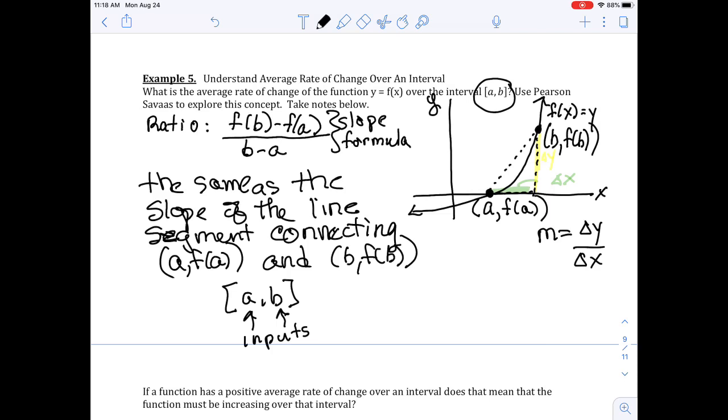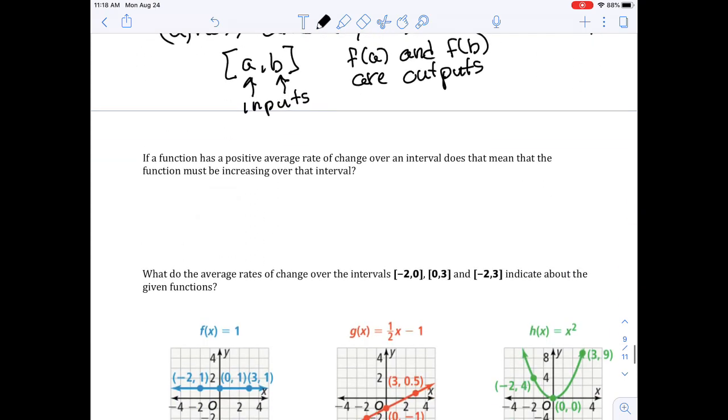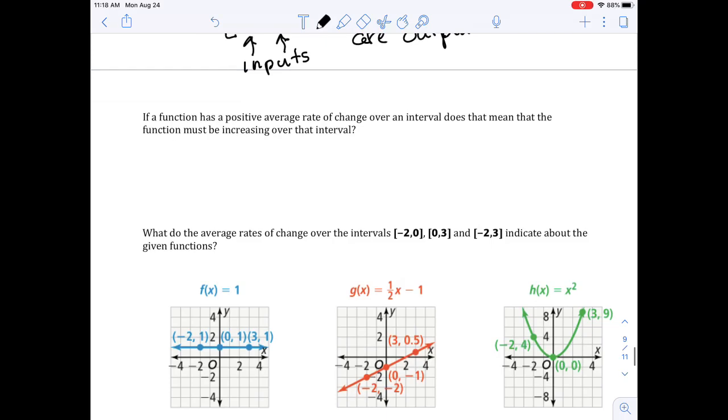You will input them into the function. Then you will do f of A and f of B. Those are your outputs. And then you will apply your change in y over change in x. So let's try one.